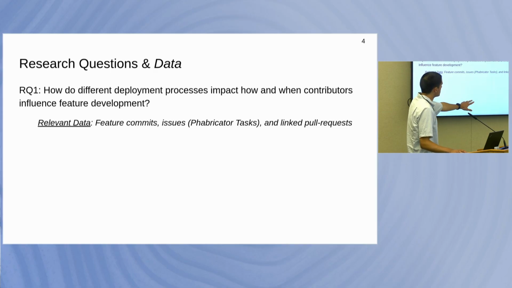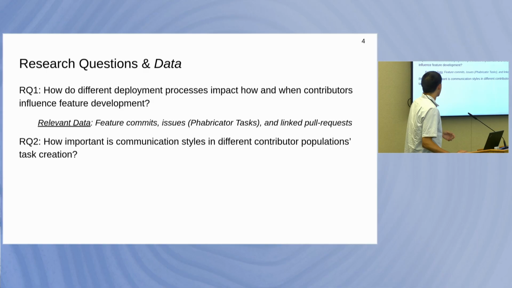For Wikimedia, it's Phabricator tasks, but it's the same as Bugzilla or GitHub issues. They're just bugs, issues. And then we're also going to look at the pull requests that are linked in each issue.